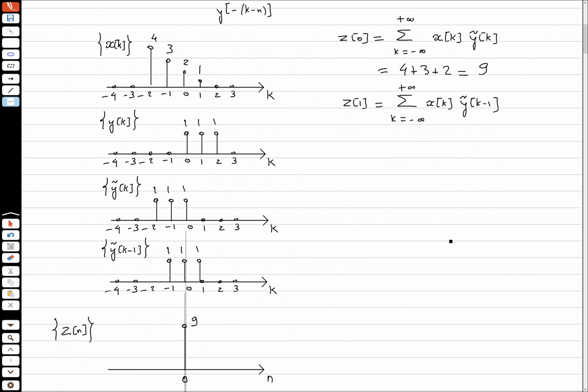And what do you find? You find 3 plus 2 plus 1, 6. So at 1 you find 6.